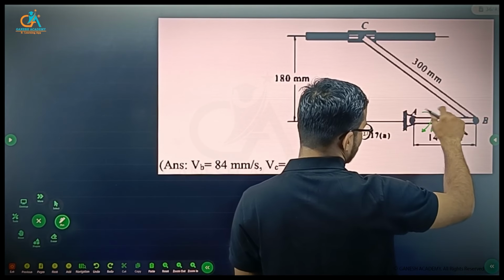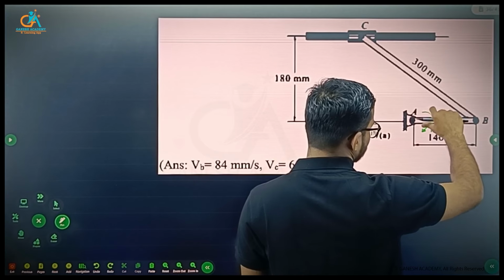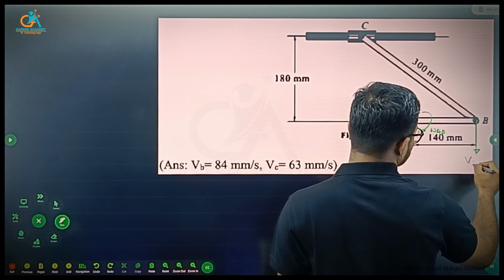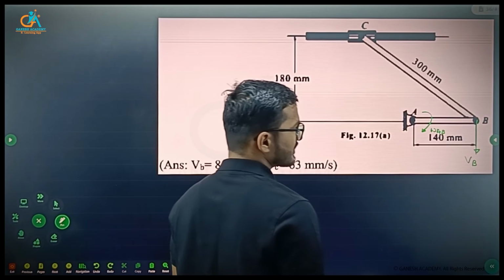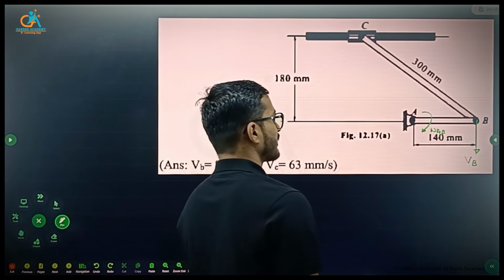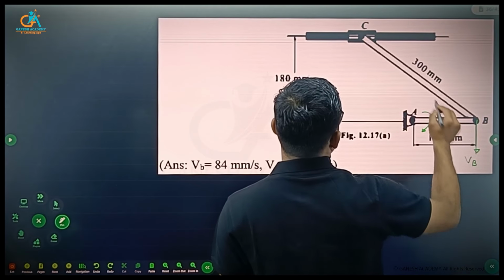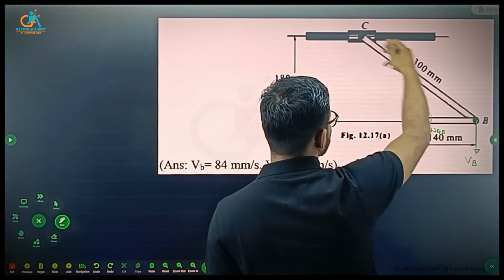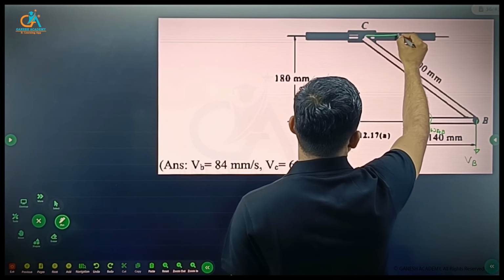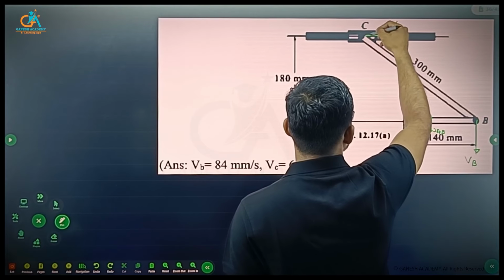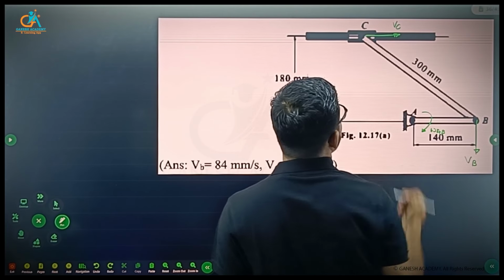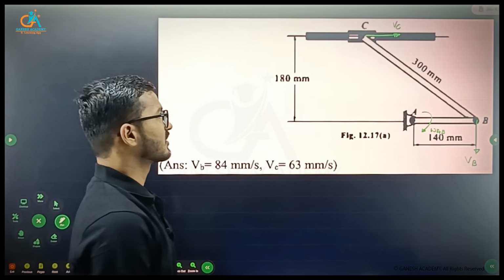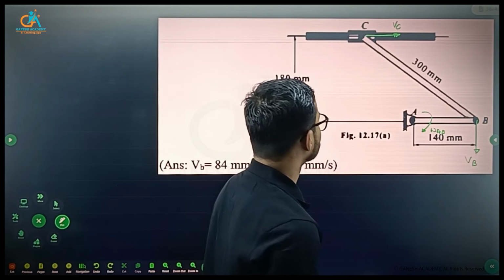This is horizontal for this instant, and rod AB rotates clockwise. So velocity of B will be in this direction, and because it rotates in the clockwise sense, the sleeve will slide along the horizontal rod to the right, so the velocity will be towards the right.